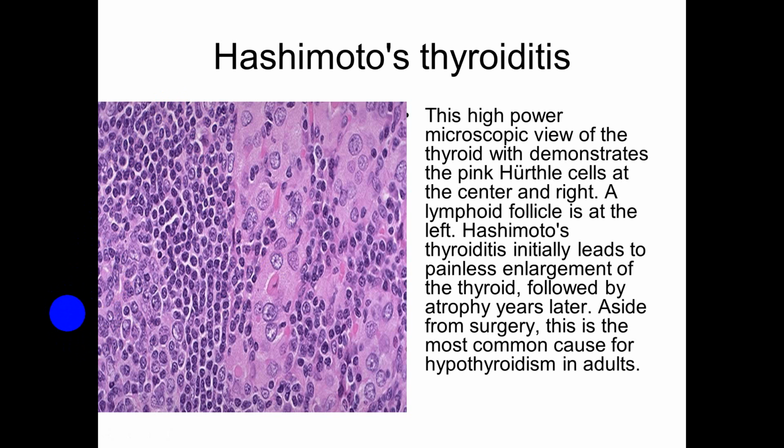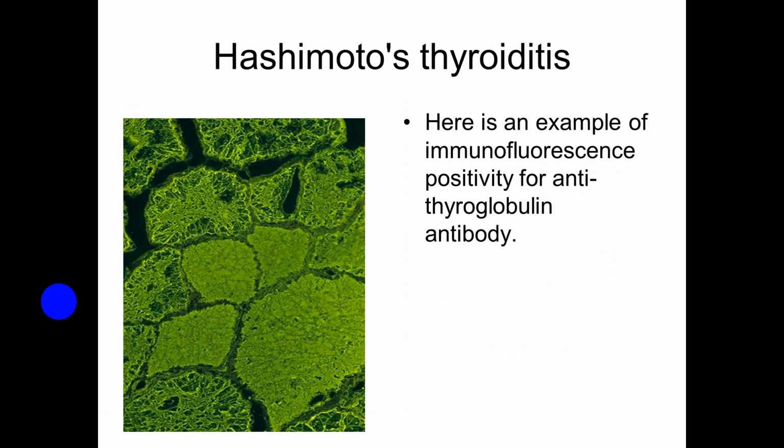Aside from surgery, this is the most common cause of hypothyroidism in adults. These are the fluorescent microscopic signs of Hashimoto's thyroiditis. Here is an example of immunofluorescence positive for anti-thyroglobulin antibodies.